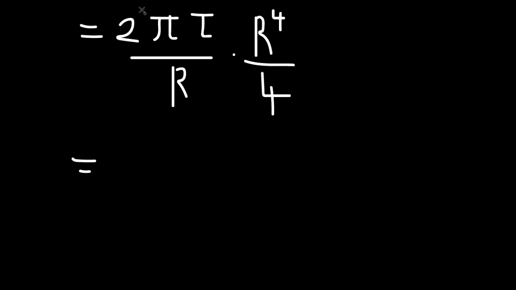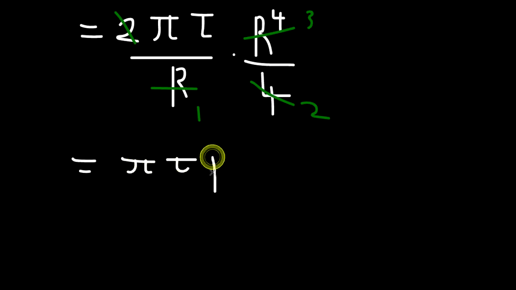These two will cancel with this, you will get 2, and this r will be 1, this will be power 3. So we will get pi tau r cubed all over 2.